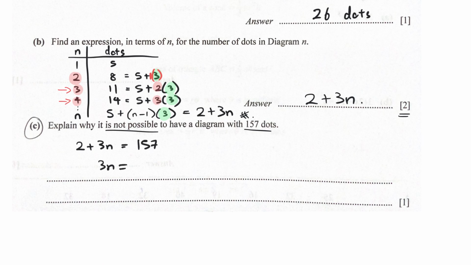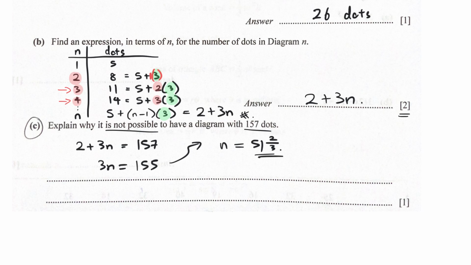Now if we try to solve this, you know logically that actually we are supposed to get n to be a whole number. But you realize n turns out to be 51 and 2/3. So our first assumption that this is possible has failed.